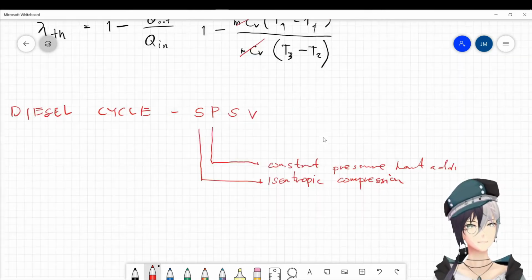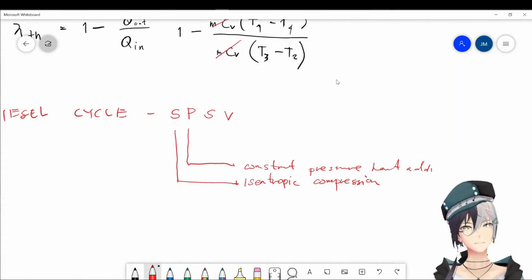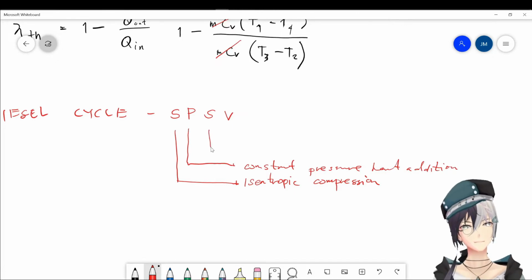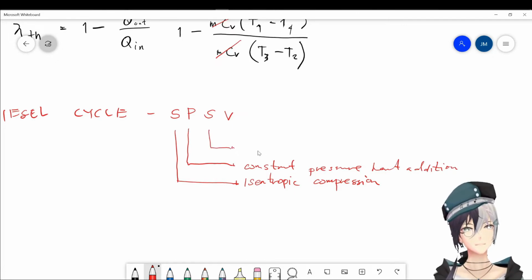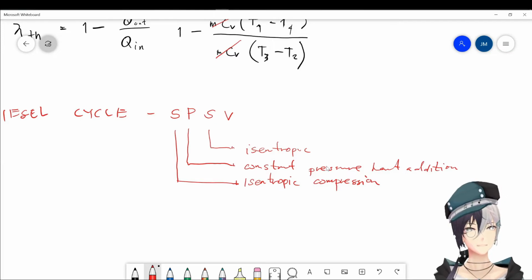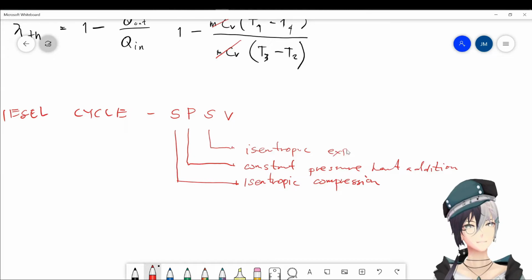And then isentropic, or constant entropy, so isentropic expansion.